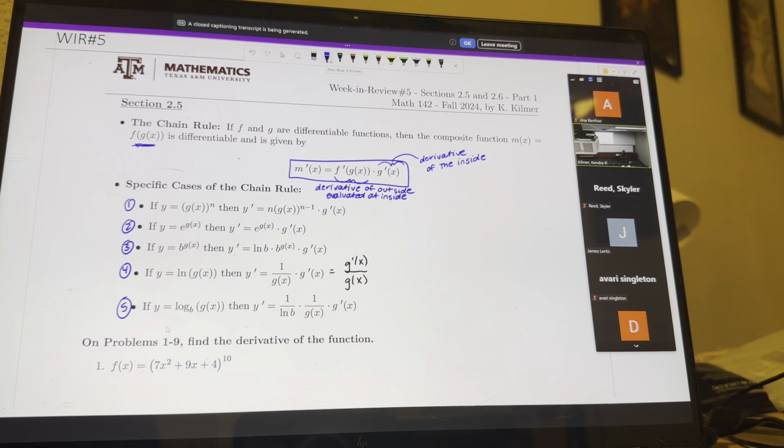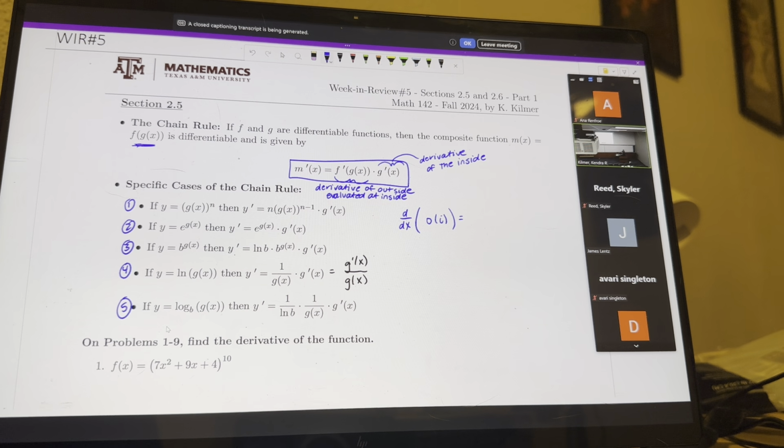So if we're viewing it as taking the derivative of O of I, so it's going to look a little funny, but the O stands for the outside, the I stands for the inside. And again, this d over dx is just saying I'm taking the derivative with respect to x of what's on the inside.